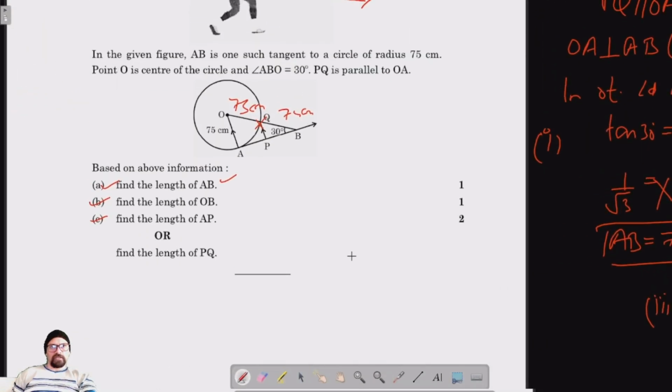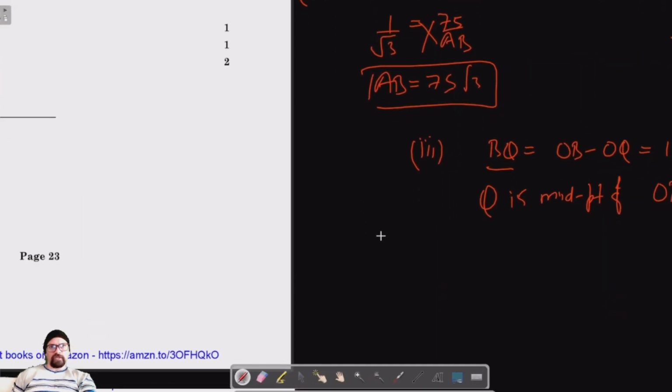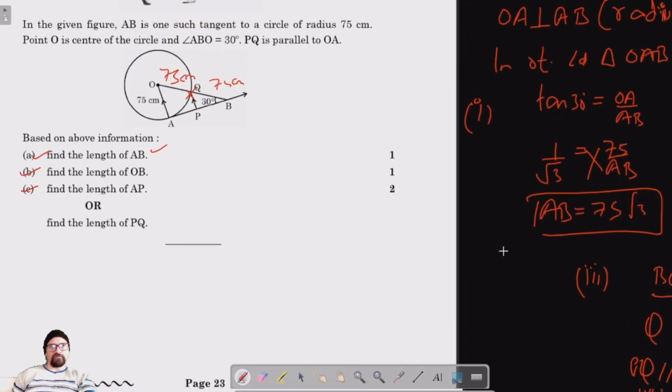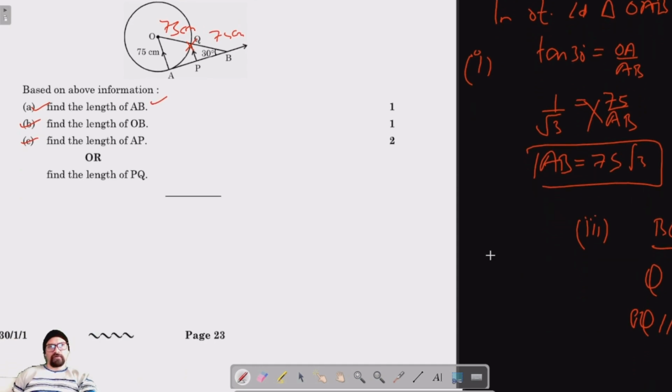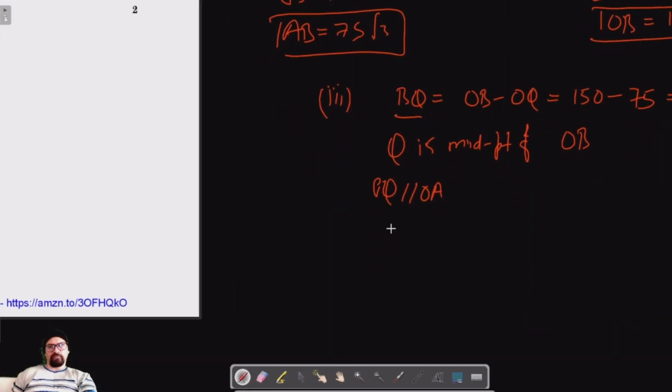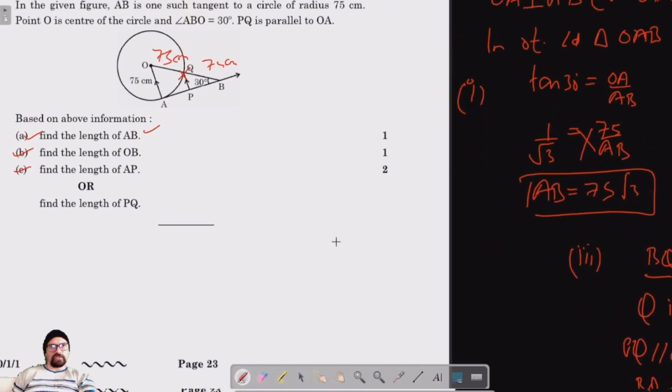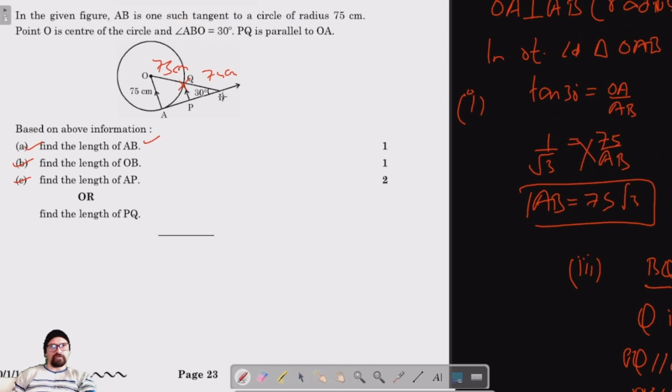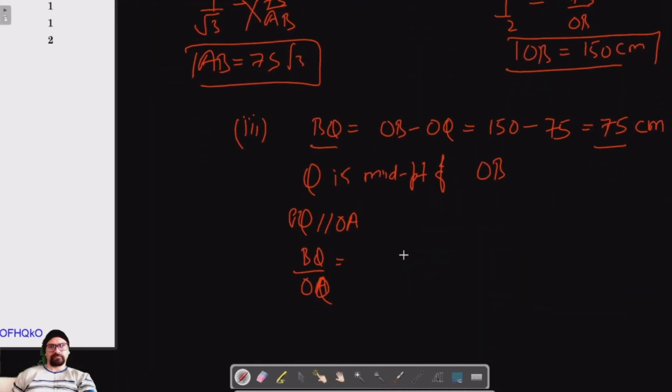Okay. Now PQ is parallel to OA. So that will give us BQ by OQ is equal to BP by PA.